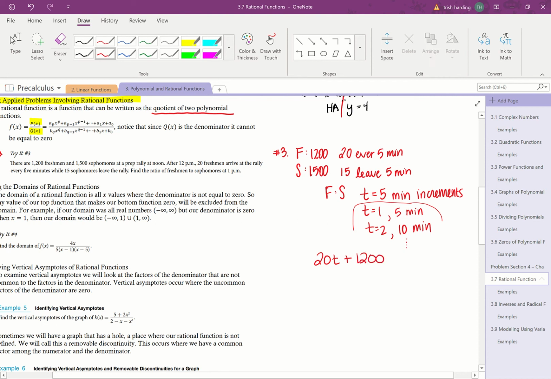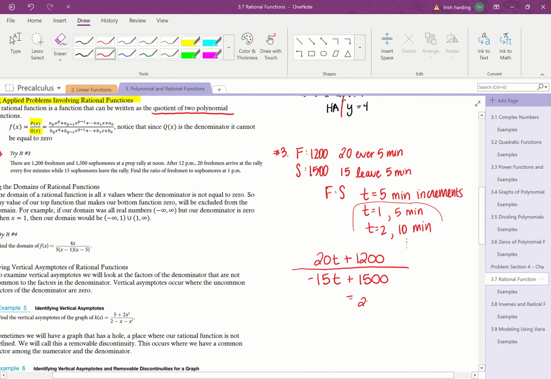And this is the number of freshmen after t increments. Now, 15 leave every 5 minutes for the sophomores. So they're leaving, that's going to be negative. So that's what we're going to have. And the ratio is just going to be this. So now I start simplifying. So I'm going to take out 10 here.